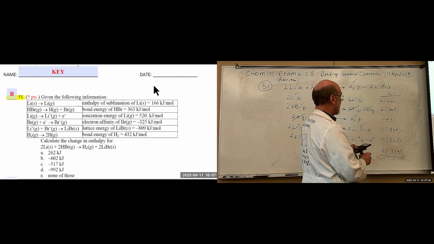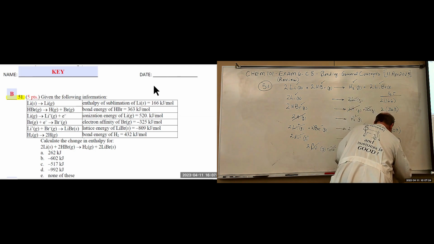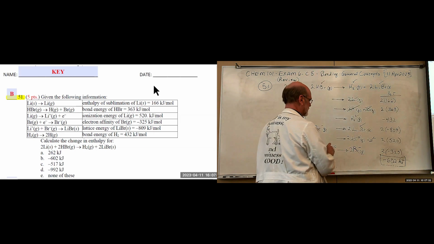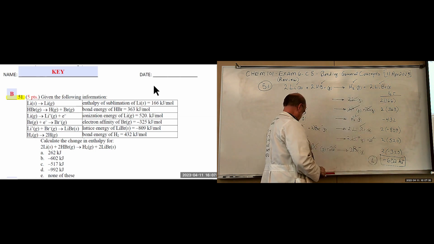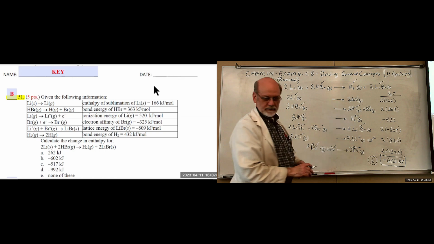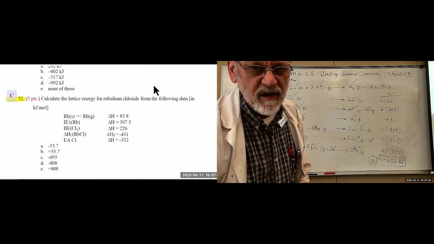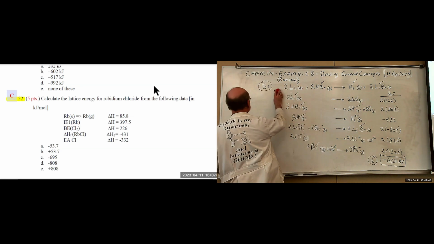So I get, rounded off, minus 602 kilojoules. There it is, B. That took a lot of work. Okay. The next one's going to take some work too.